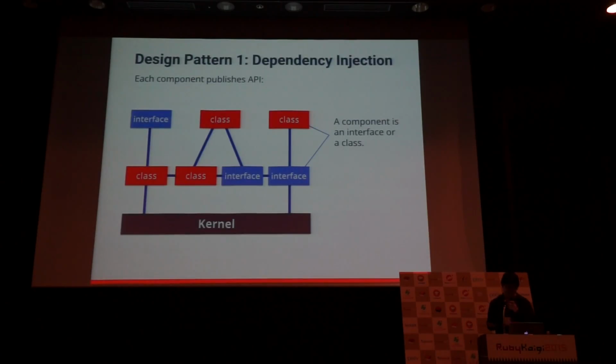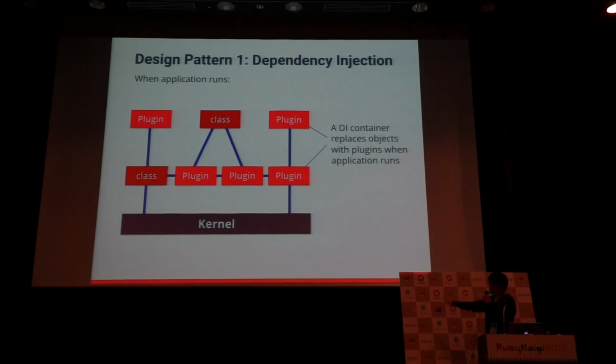So this technique implements a software using interfaces and classes. This technique is often used in Java because interface and classes are specifically isolated. Then you replace interfaces with plugins, actual implementations, and you can optionally overwrite existing classes using plugins.